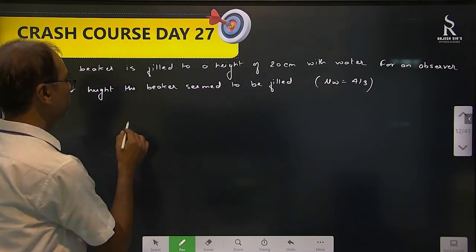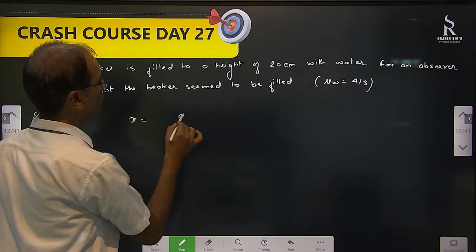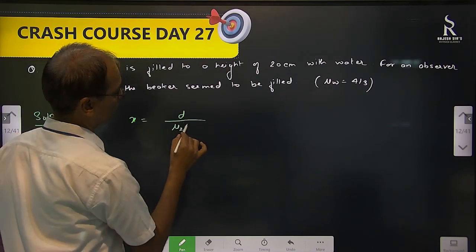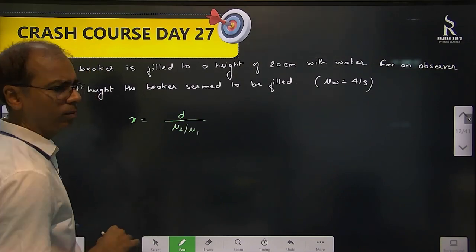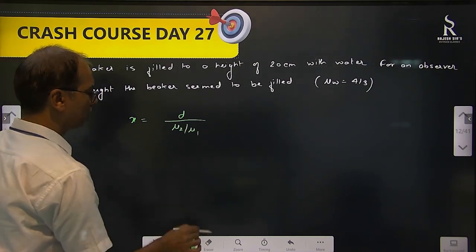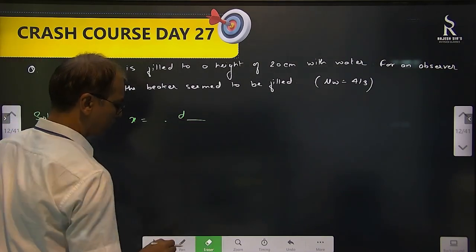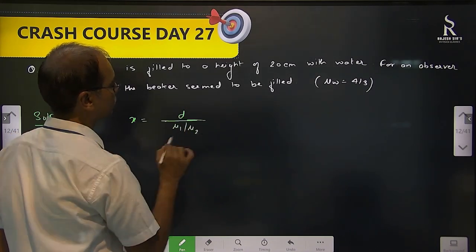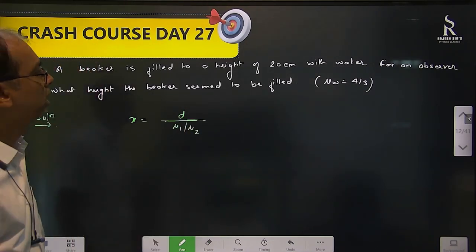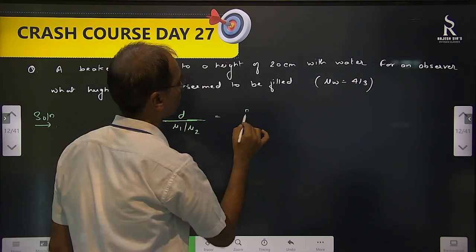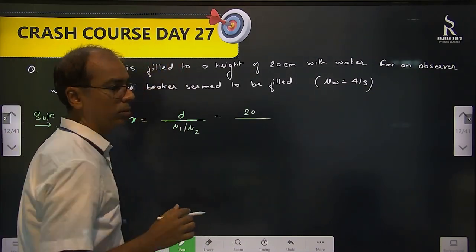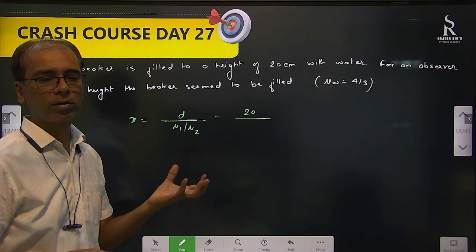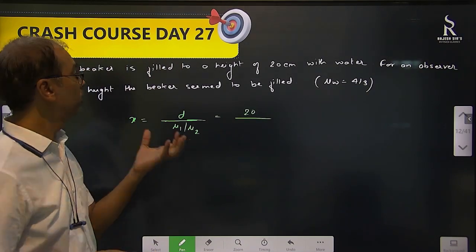What is the formula? X equal to D by mu2 by mu1. Am I correct? This was the formula, or mu1 by mu2 was the formula. Mu1 by mu2 was the formula. What is D? 20 centimeter. Mu1 means what you are seeing: the base of the beaker.